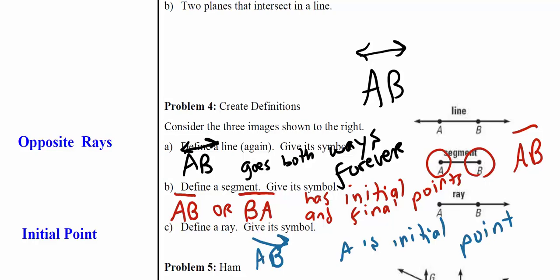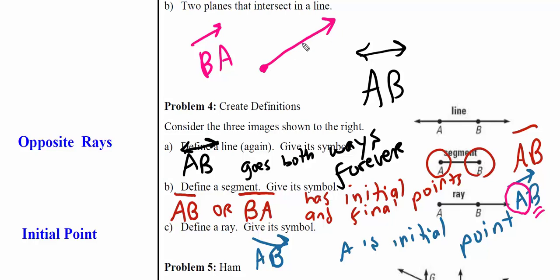With the ray, it's very different. See, the ray has only one direction, and in this case, it's very important that I write this as AB with the arrow going this way. This indicates that A is the initial point, and that B goes on forever. If I were to write this as BA, that's a completely different drawing.